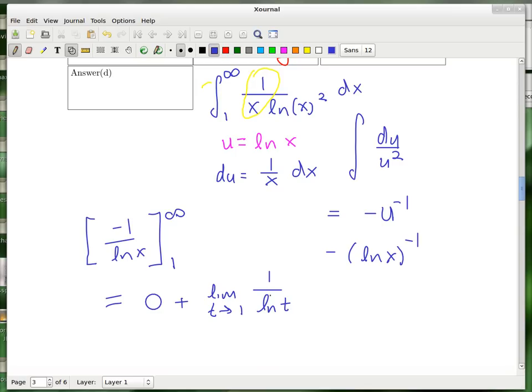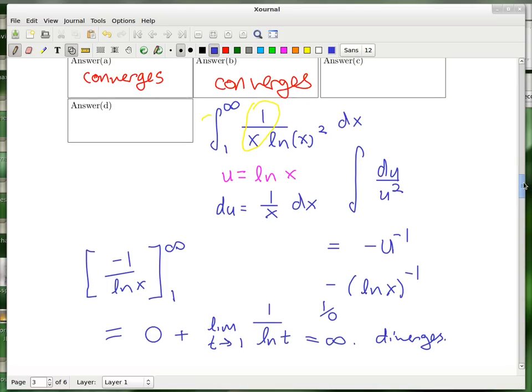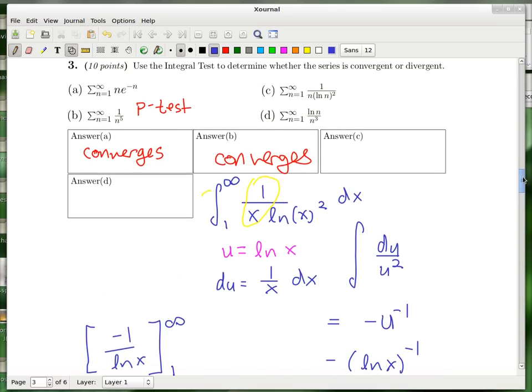So this is a limit of the form 1 over 0, and so this is actually infinity. Alright, and so this diverges. Okay, so the answer to C is diverges.